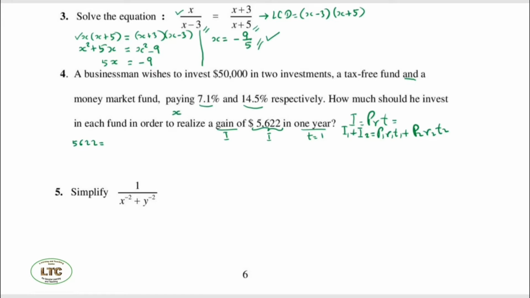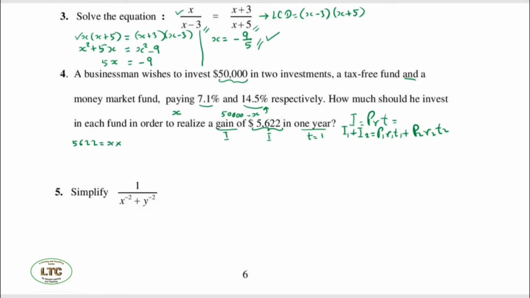Let's say X. Let us say that he invested X dollars at 7.1%. Then, because he has 50,000, the rest will be 50,000 minus X. 50,000 minus X dollars will be at 14.5%.